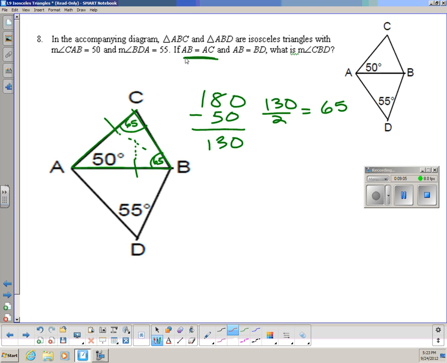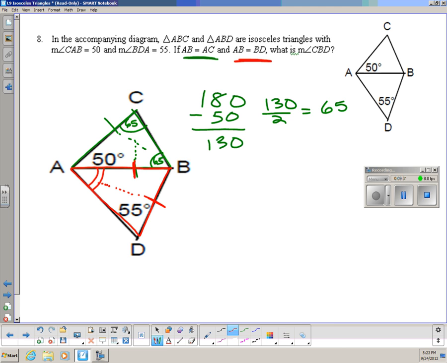Now they also told us AB was congruent to BD. So AB and BD are congruent. Notice I only used one marking because AB already had one marking on it. Now look, that is in its own triangle down here, which is also isosceles, which therefore, across from the equal sides, you will find equal angles.